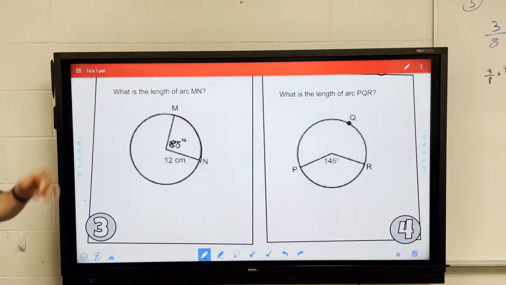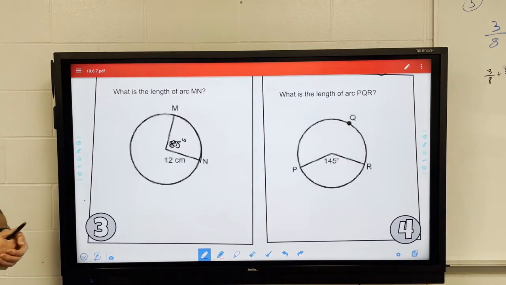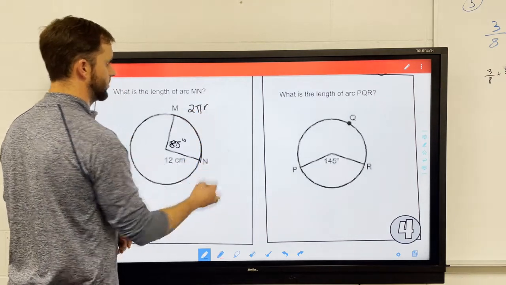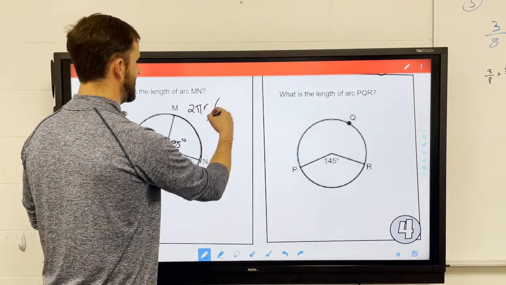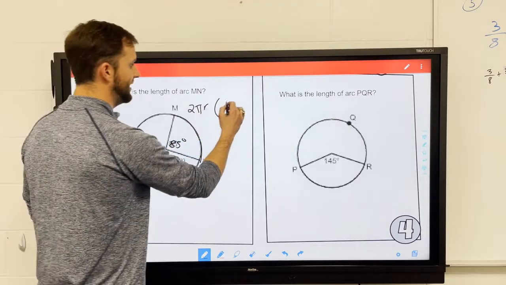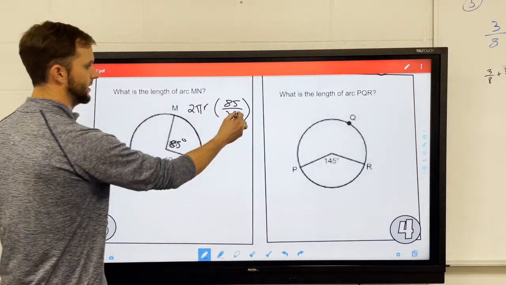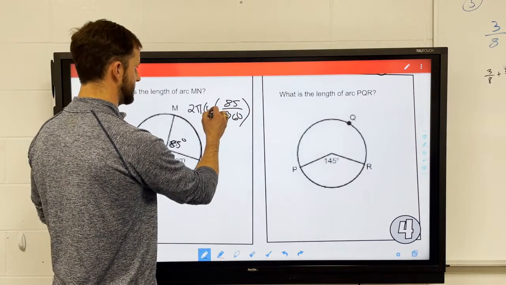So I know to find arc length, if you look, they gave me my radius, so I'm going to be using the formula for the radius. So first I have to find the circumference of my circle, which is 2 pi r. And then I'm going to multiply that by my central angle, which is 85 over 360. I'm going to go and plug in my radius over here as well. So my radius here is going to be 12, so I'm going to put this in parentheses, 12.